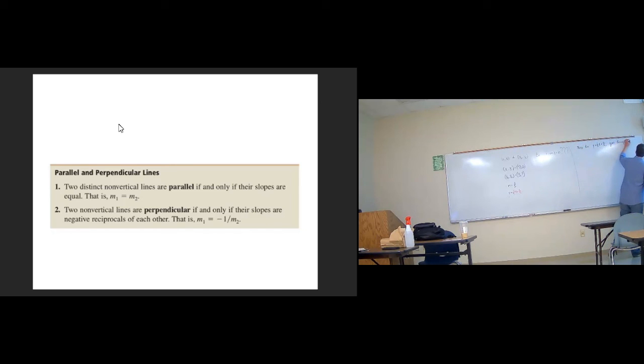That's a good point. All right, to find this line, the first thing we need to do is say we want M2, our new slope, to be equal to -1/M1, our original slope. Our original slope was 1/5, so M2 is going to be -5.